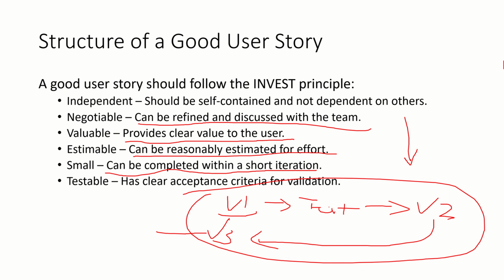It really depends on the complexity of the application, but most of the time small features can easily be implemented in 1 or 2 weeks. It's based on the size of the user story. And also, once we develop it, it's easy to test for validation.